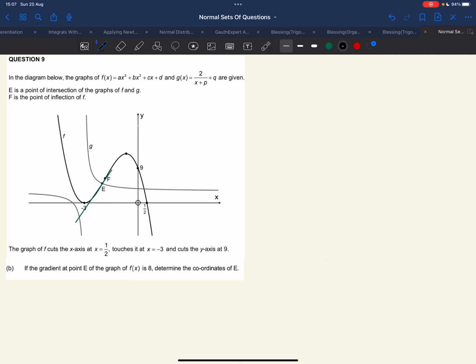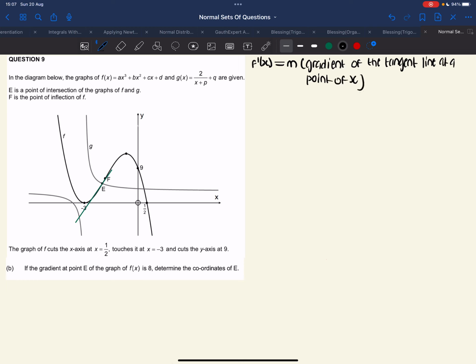Now remember, when you do the calculus parts of your paper one, if you do the first derivative, and E is lying on the function of f of x, then the first derivative of f of x should give you the gradient of the tangent line at a point of x.